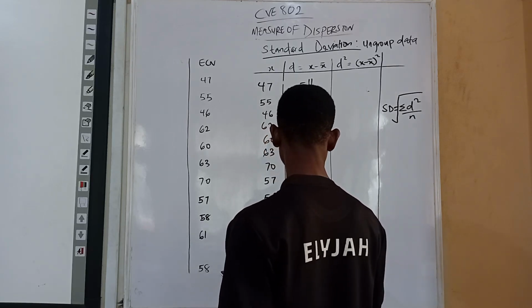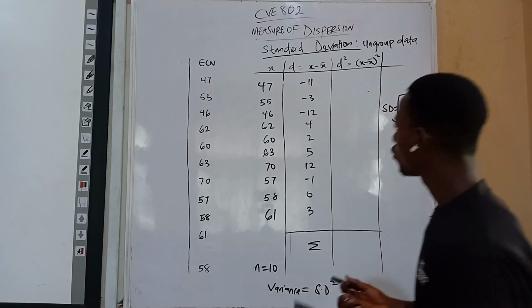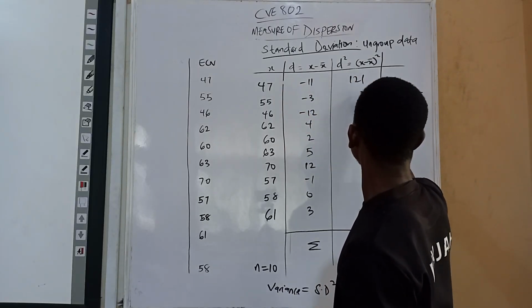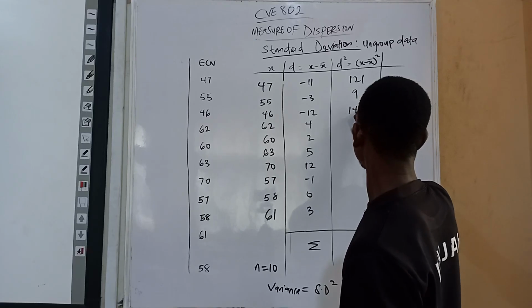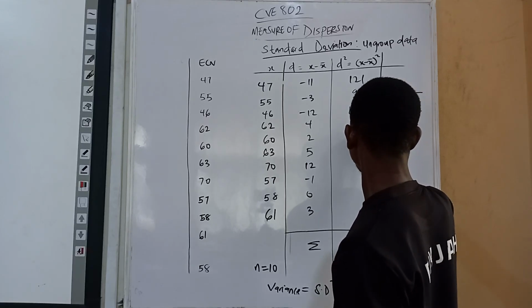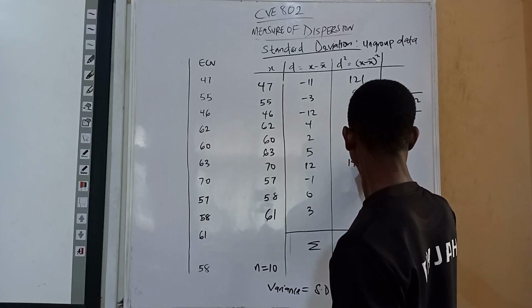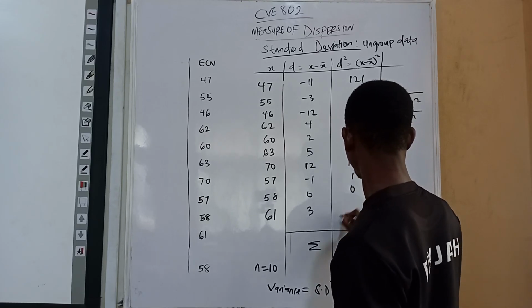Just as we've done before, the square of the deviations are 121, 9, 144, 16, 4, 25, 144, 1, 0, 9.